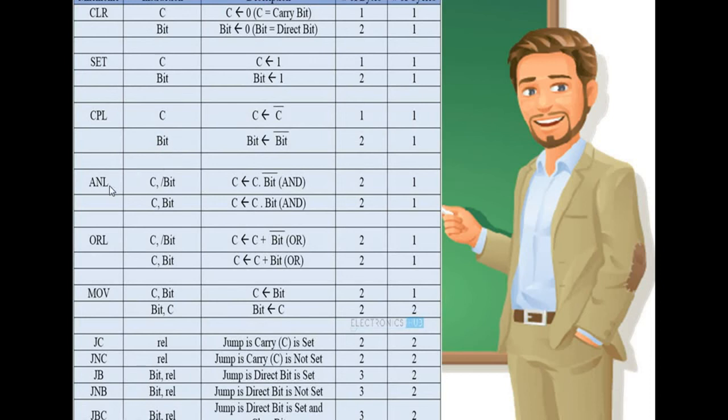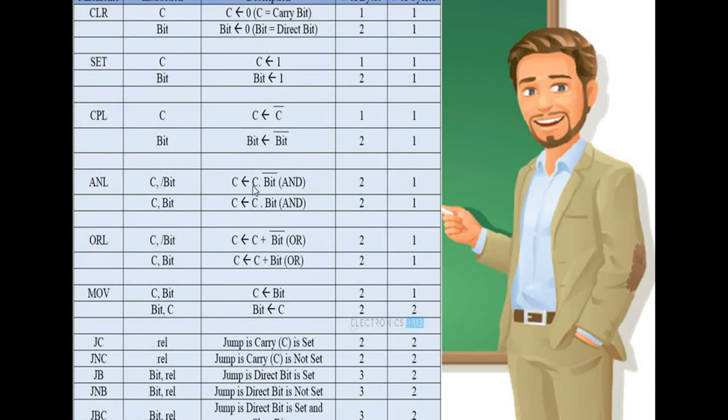Next is AND logic, which works between the carry and a bit. The carry performs AND logic with the bits.